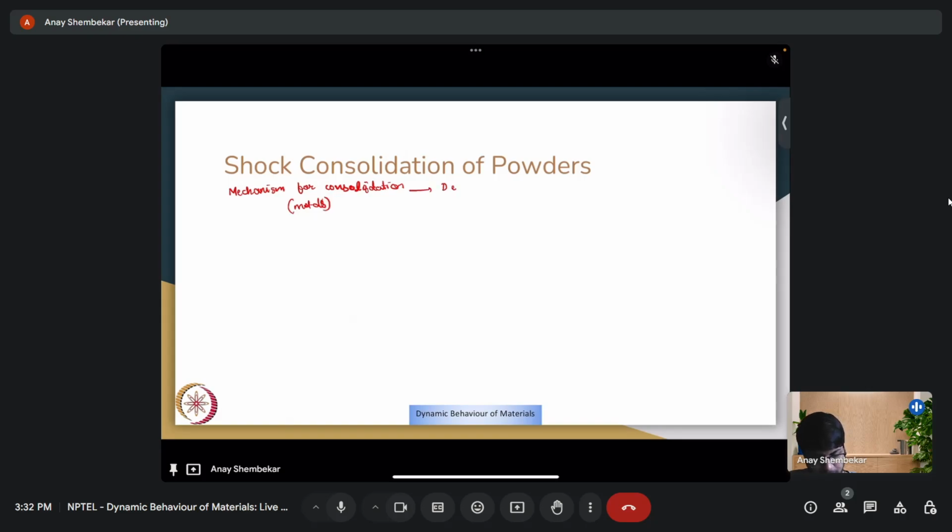You have deformation and high velocity impact of particles. This results in a filling of interstices. The particles are small enough, some of them are small enough. Another thing is you can have a breakdown of surface oxides.